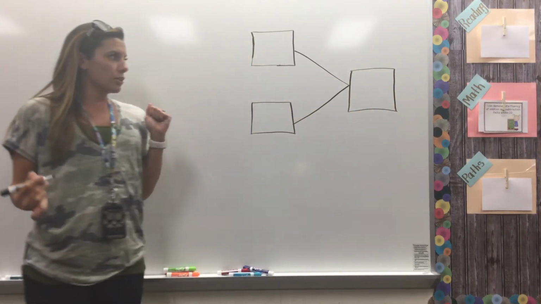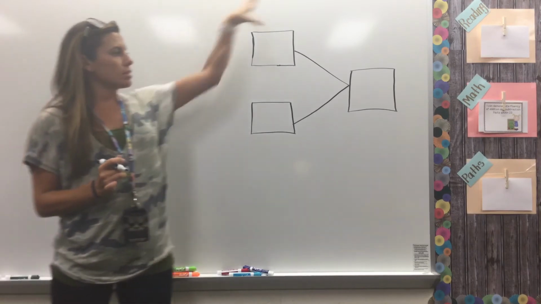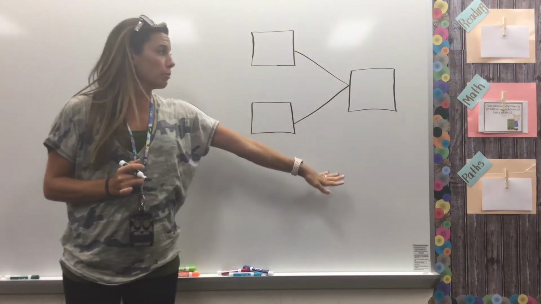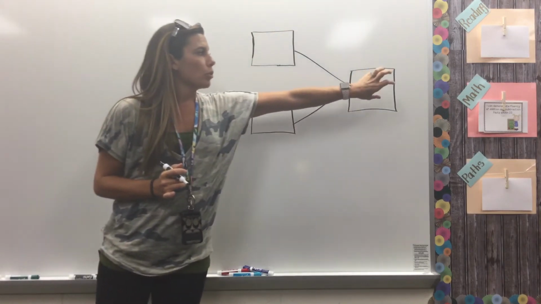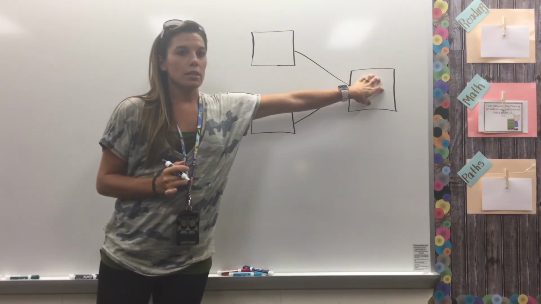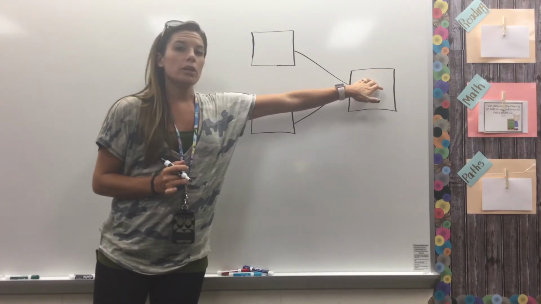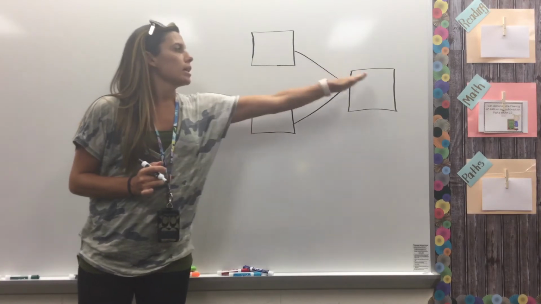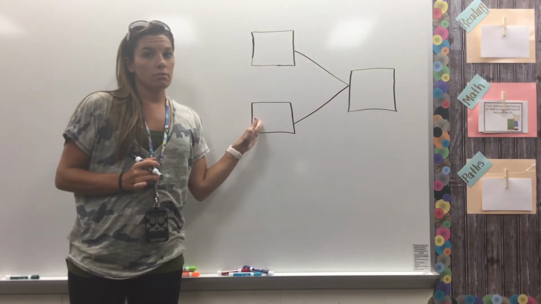Okay, so does this kind of look familiar? So this is called a number bond, okay? We're gonna write a number in this box that's gonna be the whole number, and then we're going to practice breaking it apart into two parts, okay?